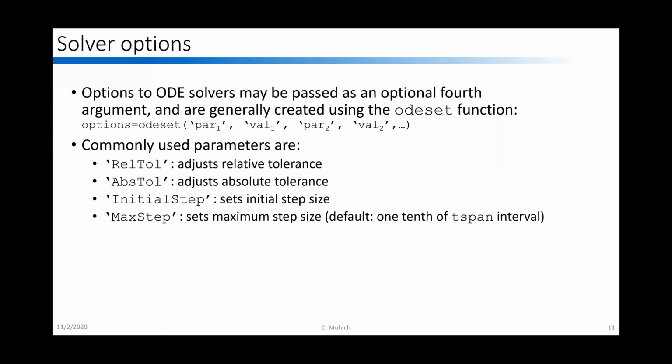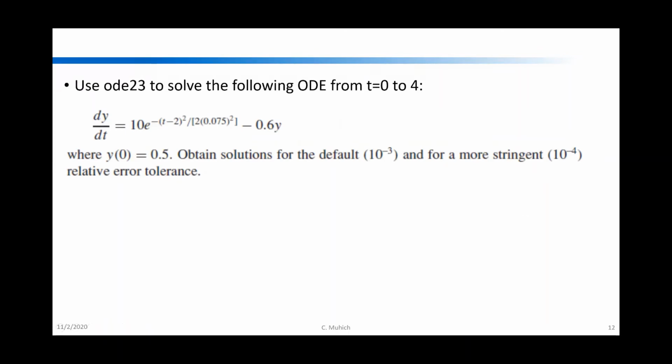Let's go in and see how this is going to affect the functioning of the ODE solver using a new function. So here we're going to solve this equation, dy/dt equals 10e to the negative (t minus 2) squared over 2 times 0.075 squared, minus 0.6y.